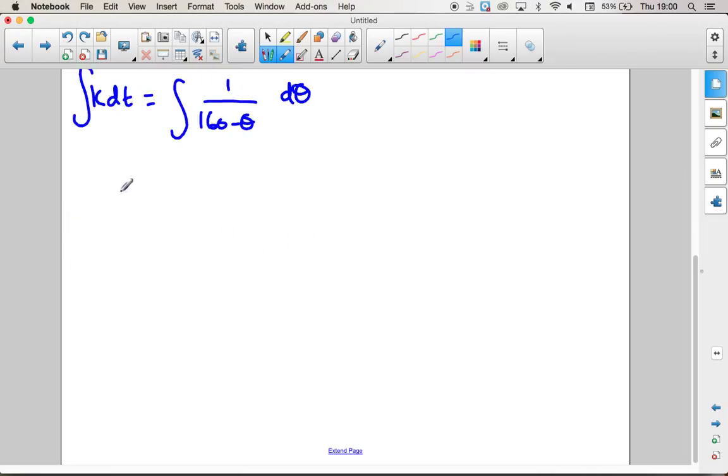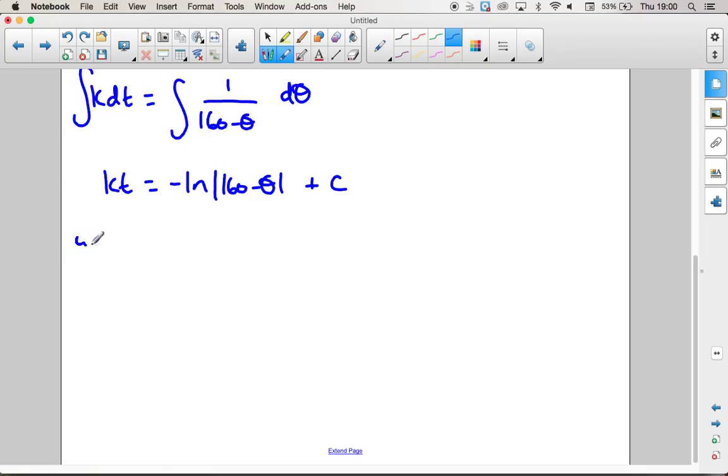And when we integrate k dt, we'll get kt. Just be careful with this one. Integrating 1 over 160 minus theta is going to be minus ln of 160 minus theta, because of this minus theta here, plus c.